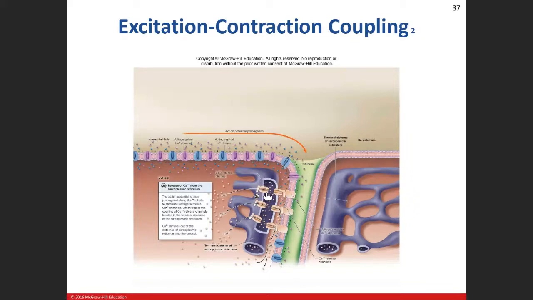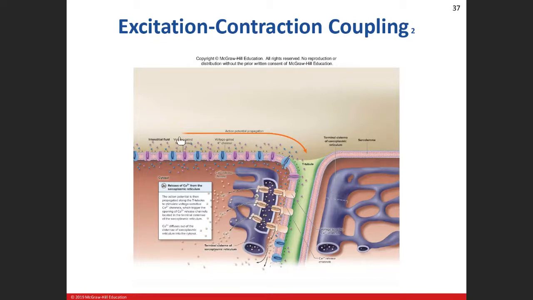Calcium release channels are located on the terminal cisterna. The terminal cisterna are on the ends of the sarcoplasmic reticulum. That's where your calcium is stored. Once that happens, calcium will flow out of the sarcoplasmic reticulum into the sarcoplasm. That's where the actin and myosin are. That's where our sarcomeres are. That's where we're going to get the cross bridging. I'm going to show you that video again here really soon.